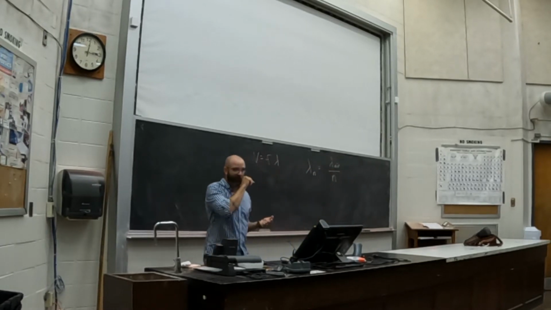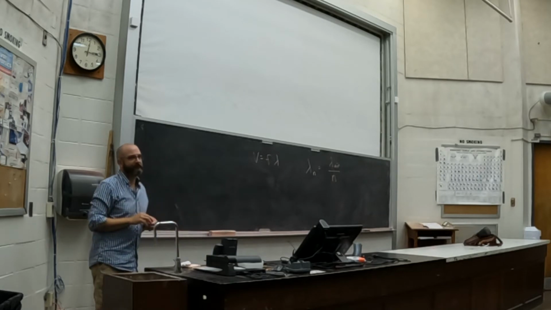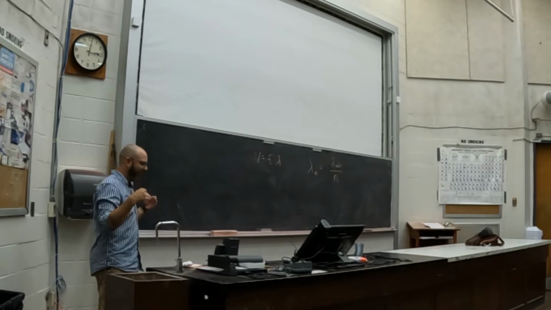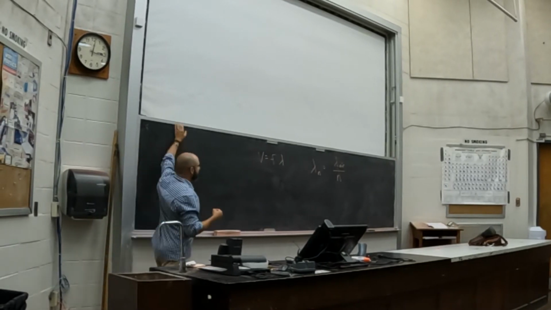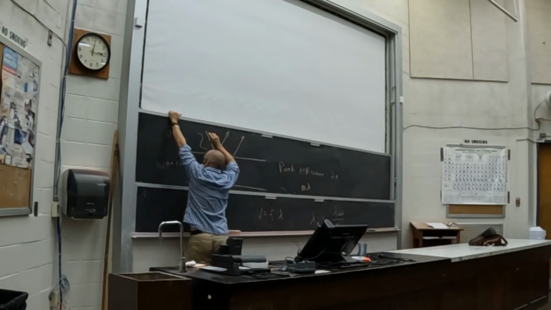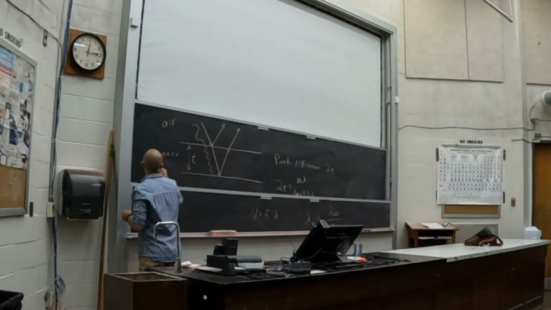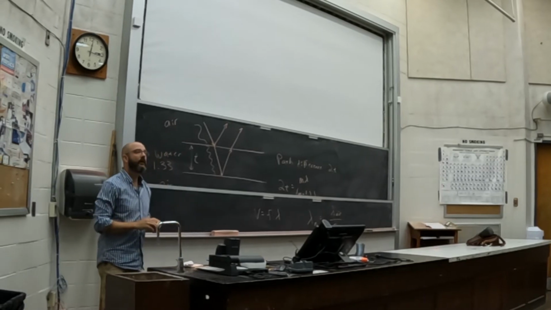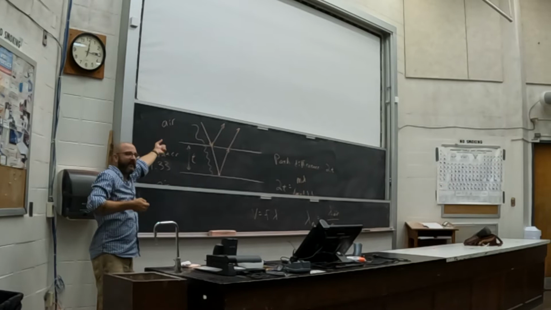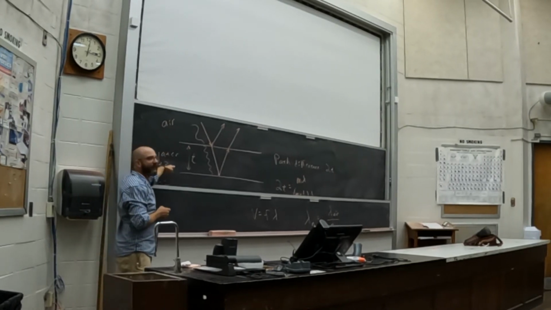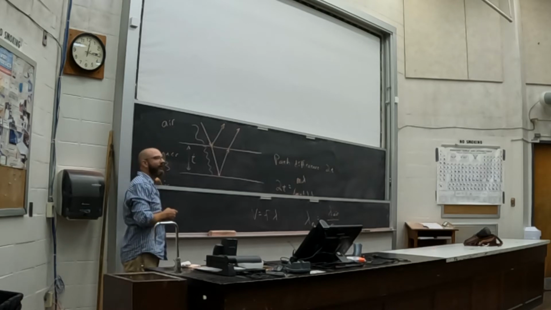So this is a really simple formula, but it tells you the wavelength in the medium. You just take the wavelength in air and you divide it by the index of refraction of the medium. In the case we have here, I don't expect you to remember, but water has an index of refraction of about 1.33. So if this is, I don't know, 600 nanometer light in air, in here it's 600 nanometers divided by 1.33.